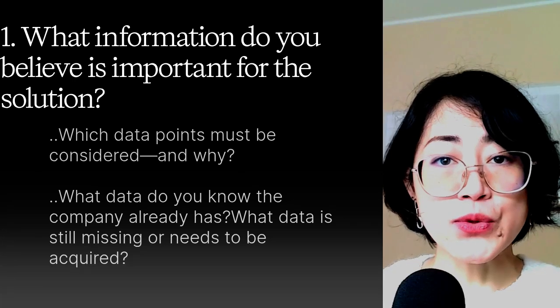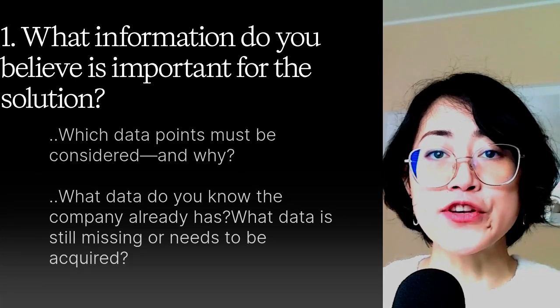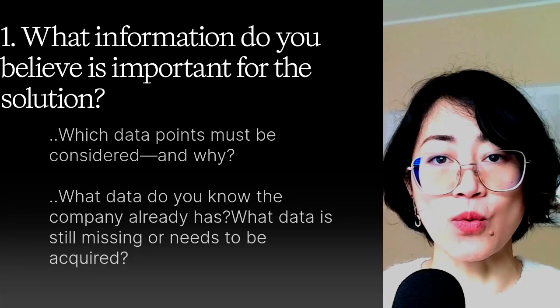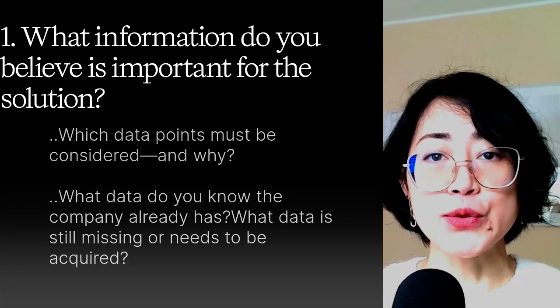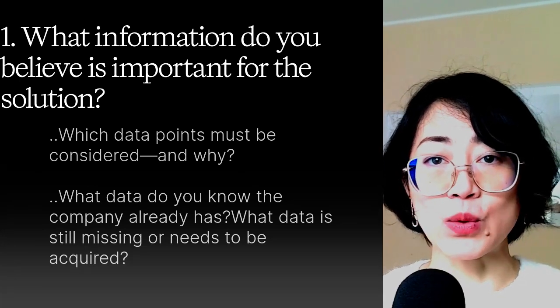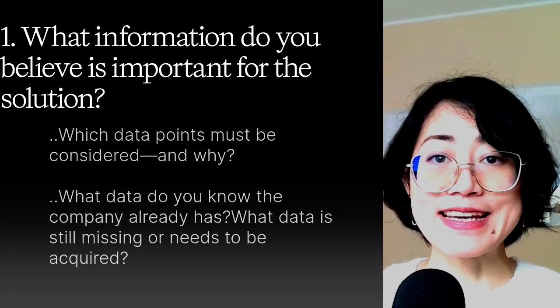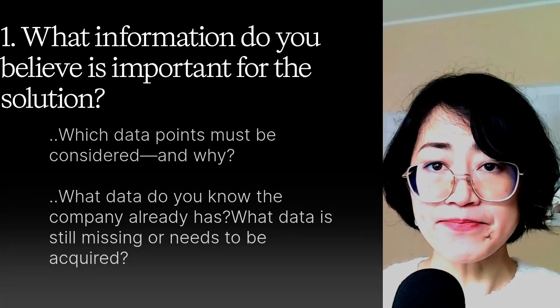Write down and share first. What information do you believe is important for the solution? Like which data points must be considered and why? What data do you know the company already has and what data is still missing or needs to be acquired in the future? Is there any integration problem?